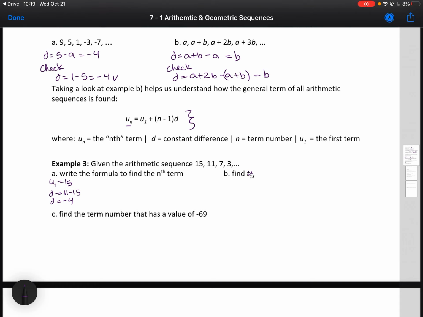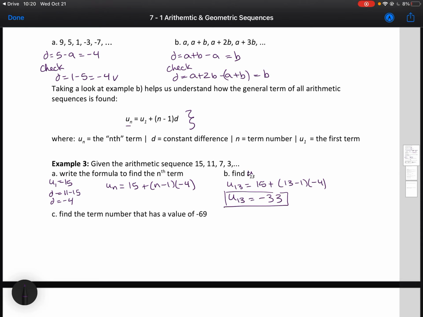So then I can write those out in my nth term: Un is equal to 15 plus (n minus 1) times minus 4. This allows me to find U13. All I have to do is substitute in 13 where my n is, and then evaluate, which is going to give me minus 33.